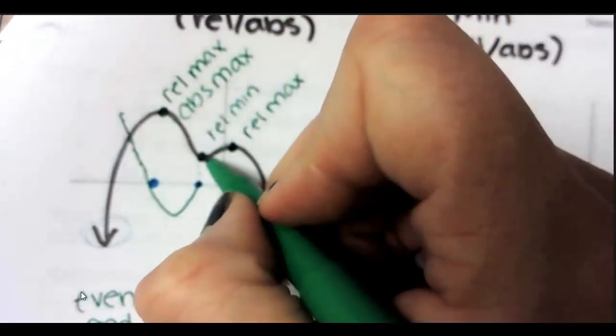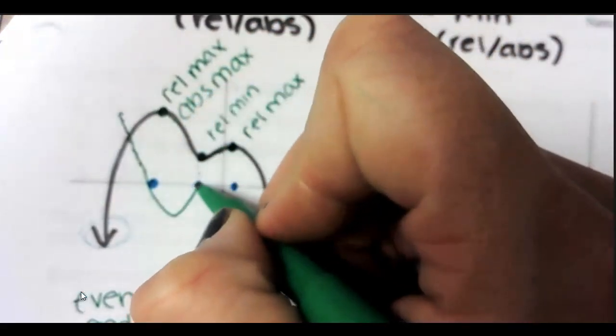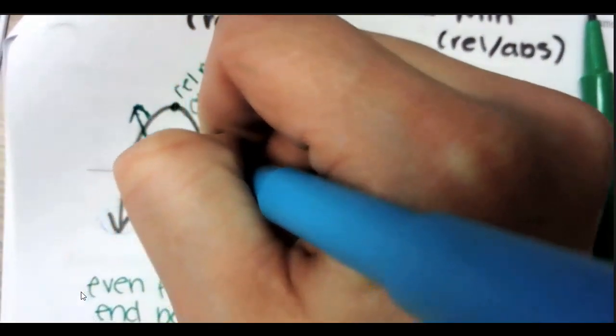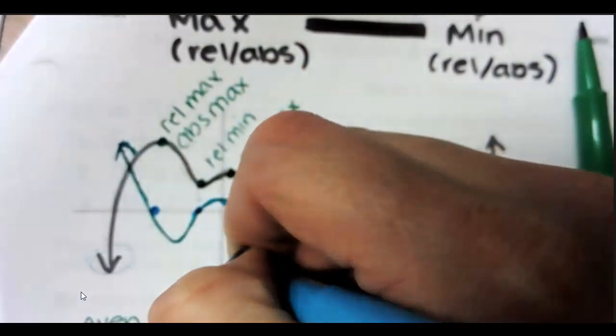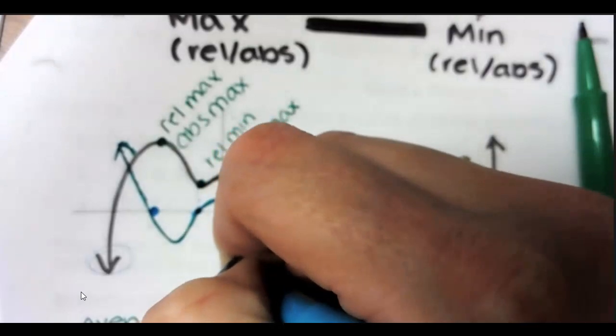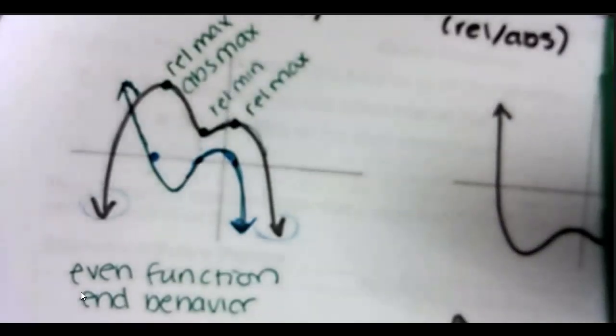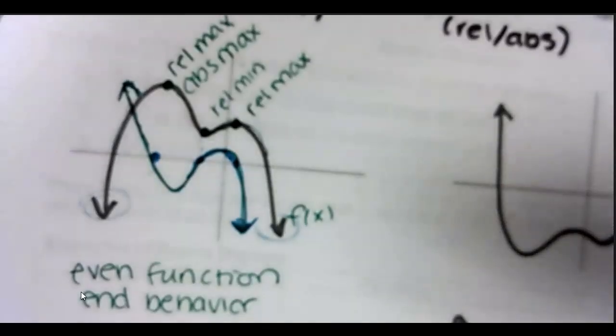And if my original is increasing, then we have a positive derivative. Derivative is decreasing, negative. So that graph here would represent the derivative of that function. So if this is f of x, this graph here is f prime of x.